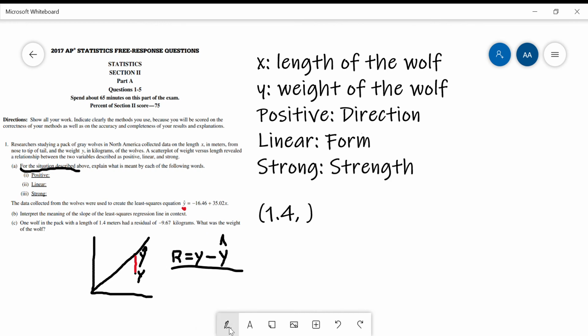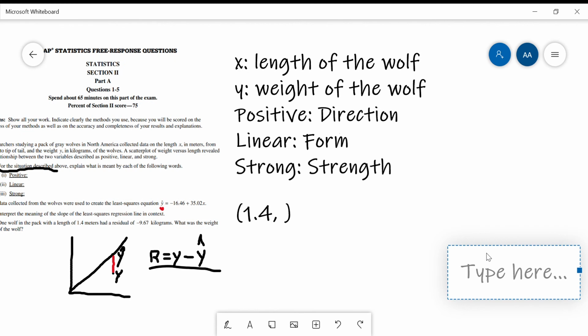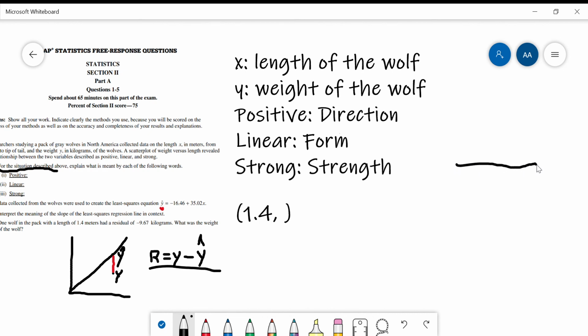So what was the weight of the wolf? What they're asking for us here, I'm going to move over here. Let's make a table of what we know. So we know x is 1.4. We don't know y. This is actually what we're trying to find, so I'll demarcate F for find.